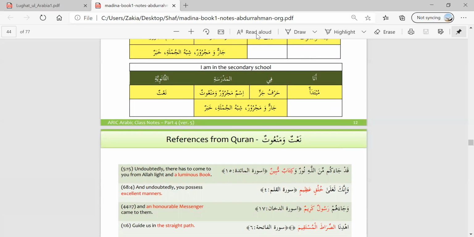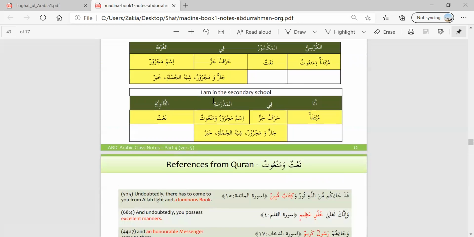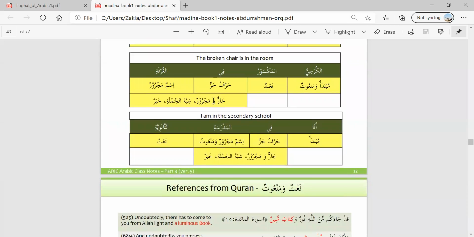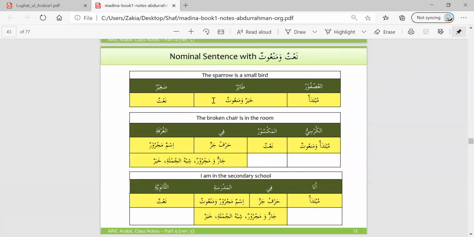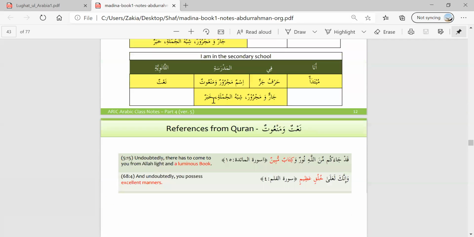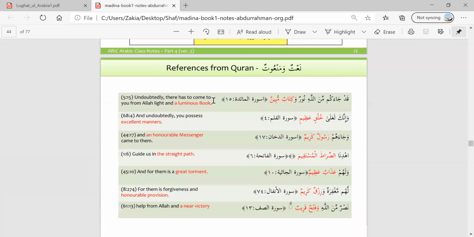Again, after fi, we see it takes kasra, and then that follows it, and the na'at has to follow the noun that it is qualifying, so it has to match it. That's what we've looked at here. Here, the sparrow is a small bird. You see, da'irun and saghirun, both of them take a double voweling. So that's what you need to remember, that it matches.